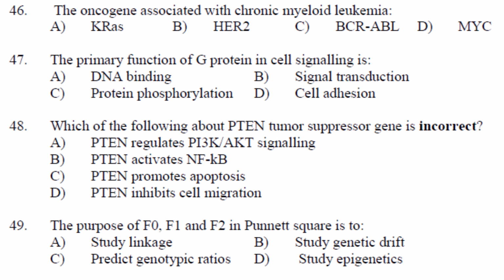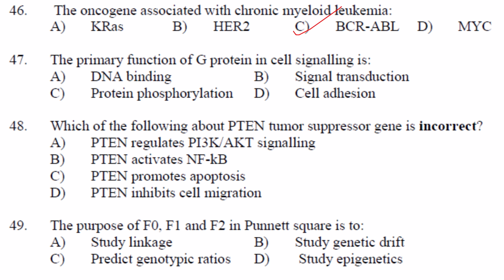And this BCR-ABL fusion protein, that is the product of this gene, has tyrosine kinase activity and it can promote leukemia. So the oncogene associated with chronic myeloid leukemia is BCR-ABL.